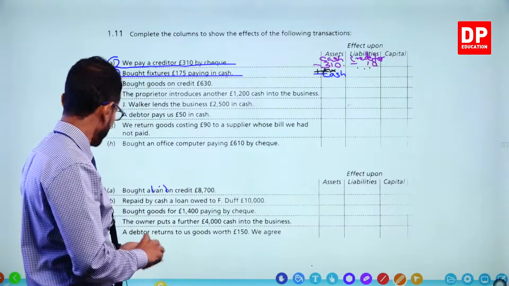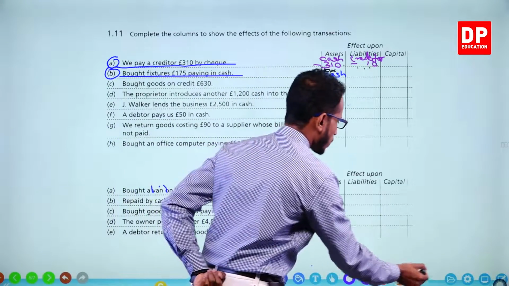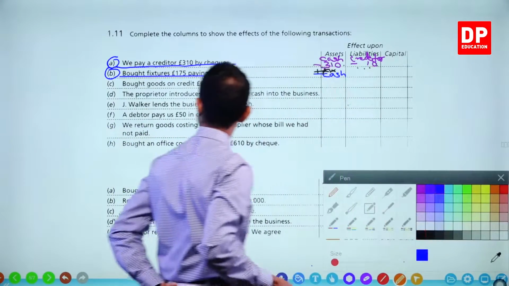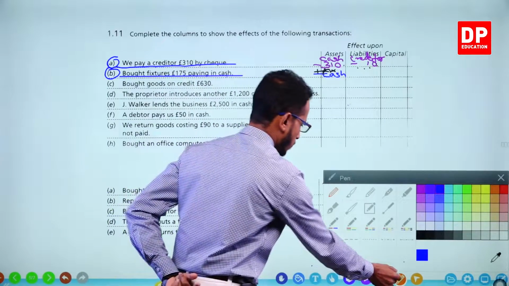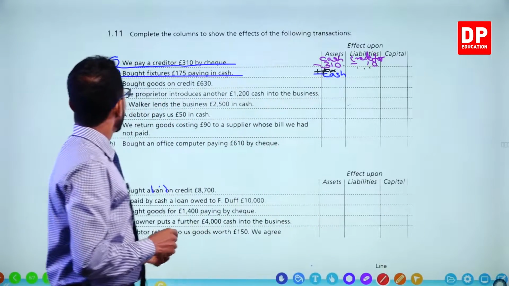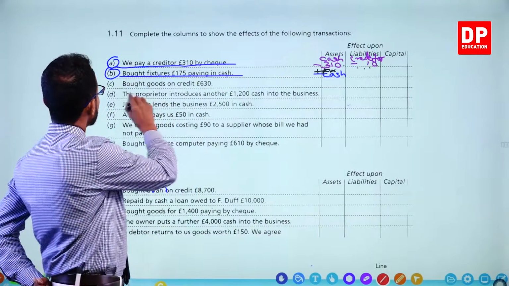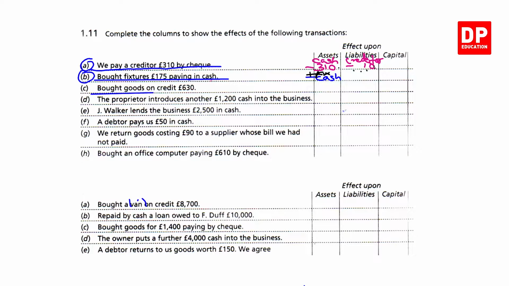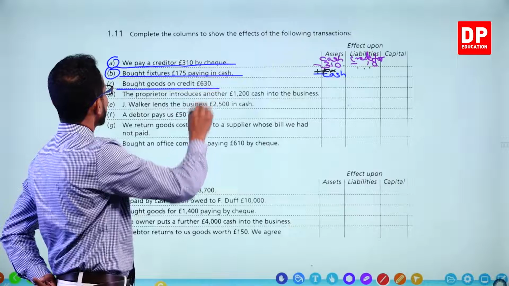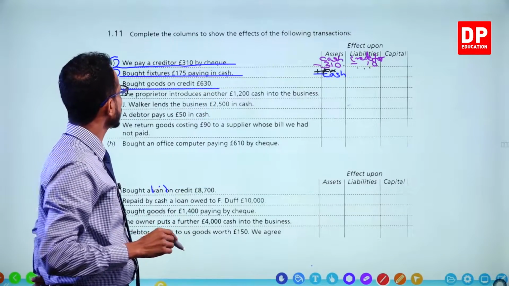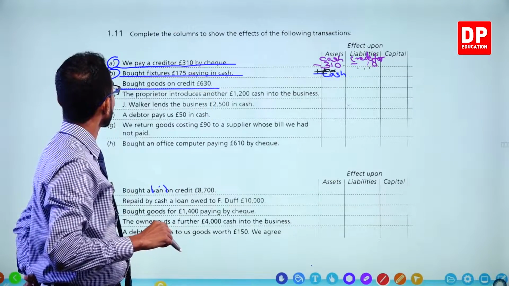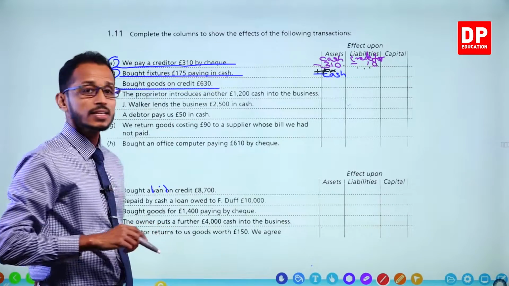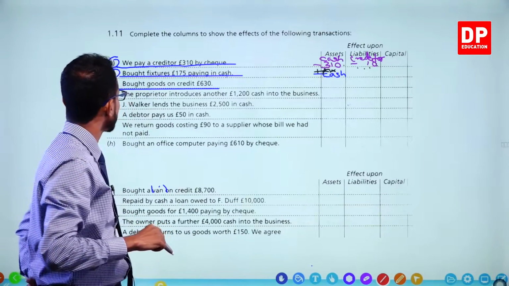Next one. What does it say? Bought goods on credit, 630.